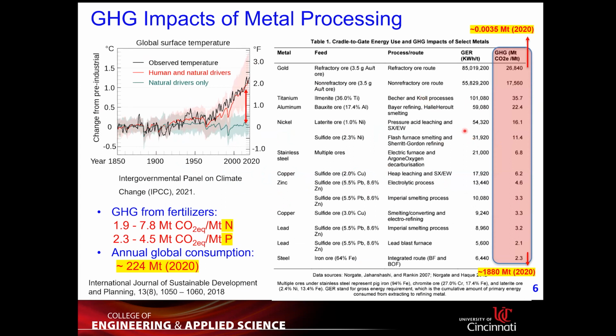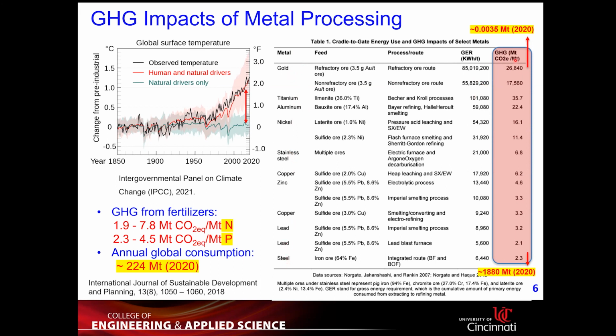This table shows the material life cycle assessment from beginning to end, focusing on greenhouse gas emissions. In the very first column, we have a list of materials: metals, gold, titanium, aluminum, nickel, and others, and at the end, steel.